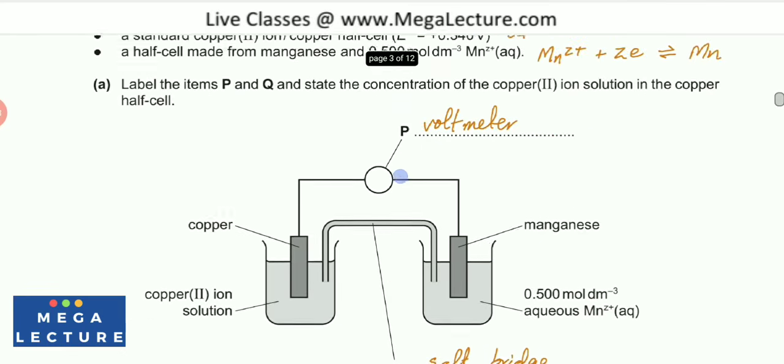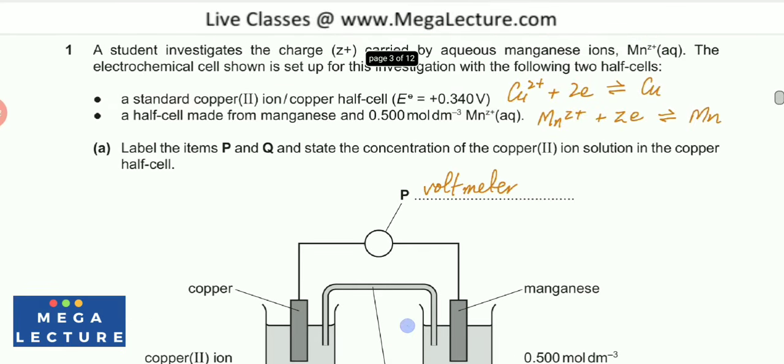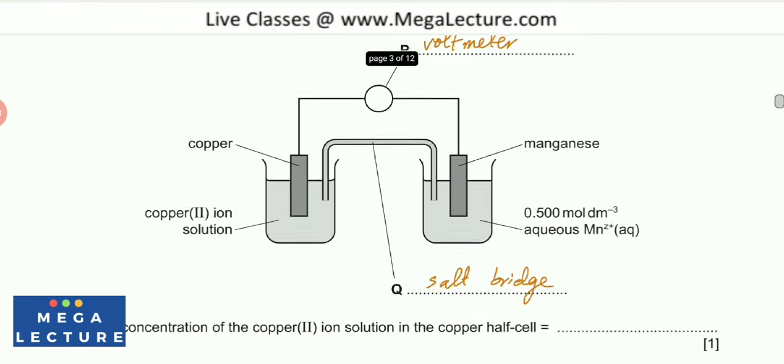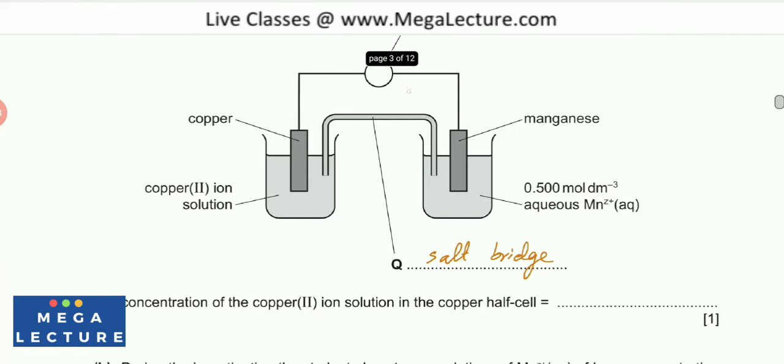Now, to find that out, we need to go back and read this. Remember that the copper electrode was a standard copper electrode. The word standard is used. It's a standard copper electrode, copper ion, copper half cell, and E naught. So that's being done under standard conditions. Now, remember, under standard conditions, the solution is going to be 1 mole per decimeter cube.